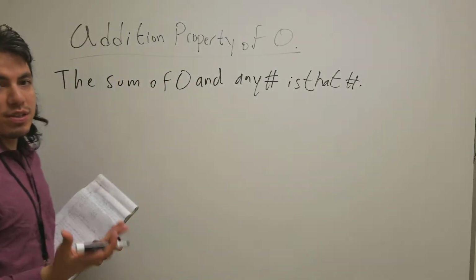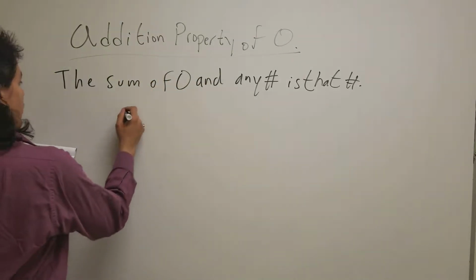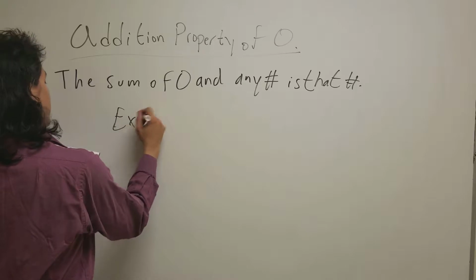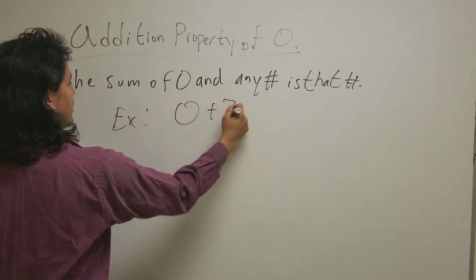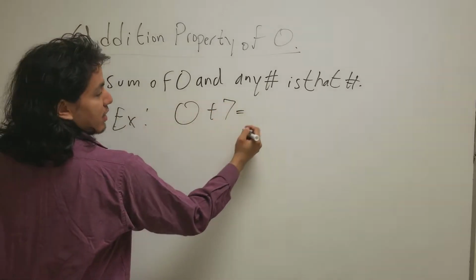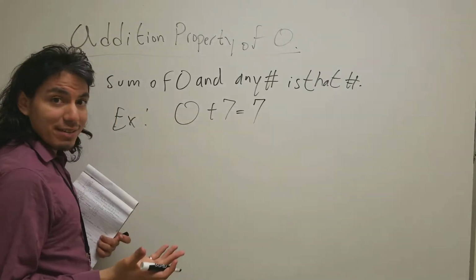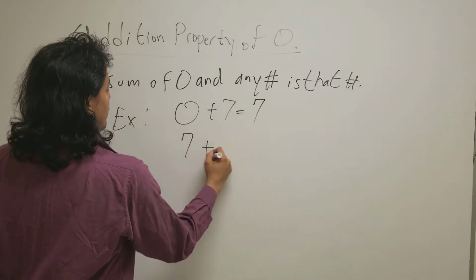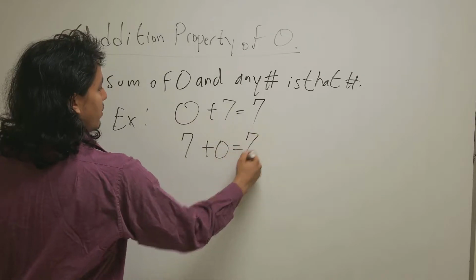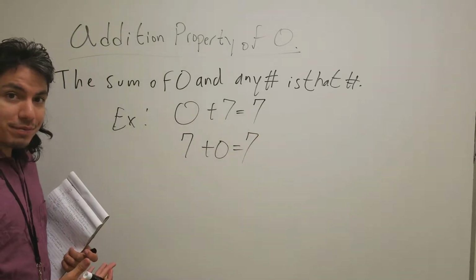So it's pretty self-explanatory, but for the sake of argument, I'll just give the example. If 0 plus 7, it's going to be what? Still 7. If I said 7 plus 0, if I change the order, same thing.